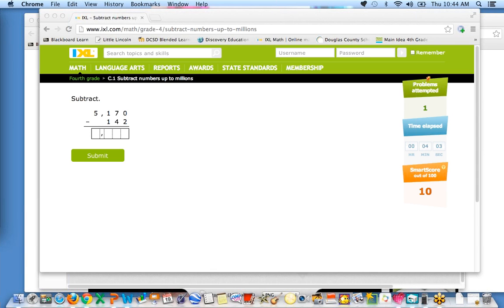So definitely not a race. Jaden, check your work. Just logically thinking, 5,170 minus 142 is going to be much smaller than the number you just typed in.